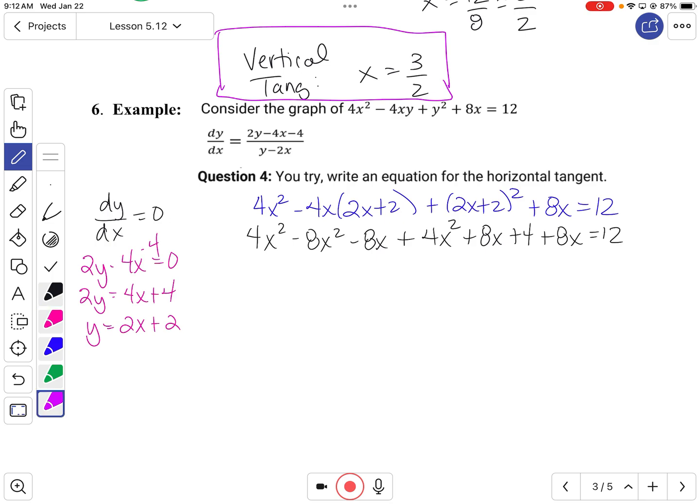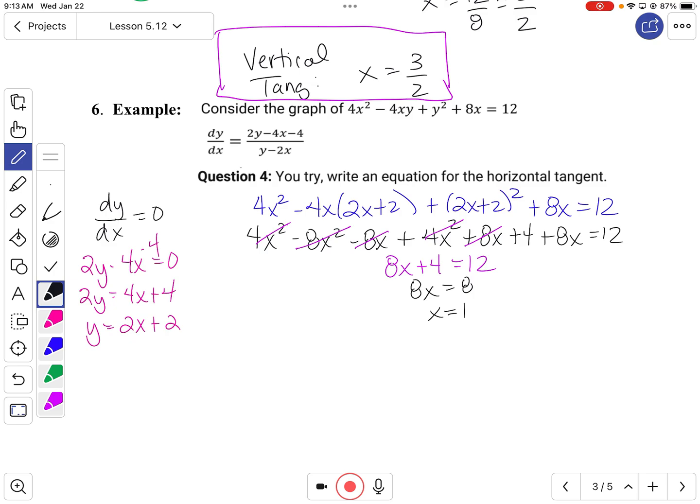Let's see. This 4x squared and that minus 8x squared will go away. Negative 8x and a plus 8x would go away. So I think we end up with 8x plus 4 equals 12. Okay, did we get there? All right, so now let's solve for x. So 8x is going to equal 8, or x is going to equal 1.